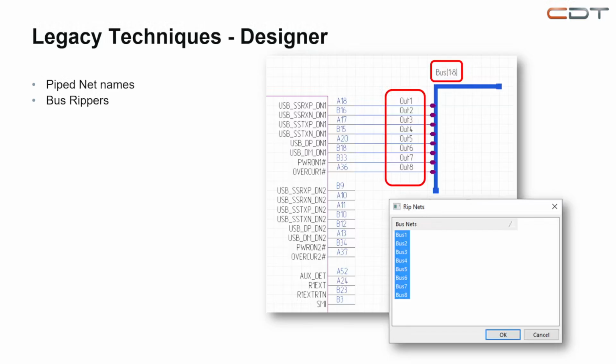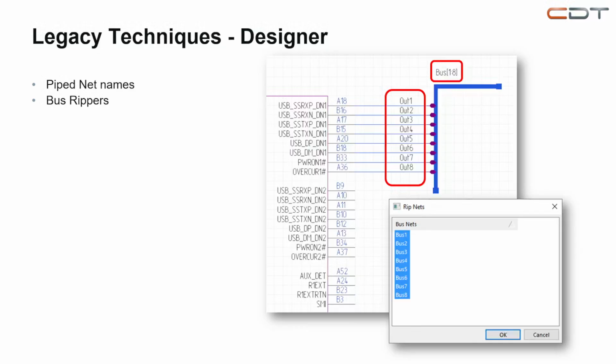Bus rippers. This is another feature that is kind of hidden, not really widely announced that you have this possibility. So I will explain how it's working now. On the screen you see that we have a bus 1 to 8. It means that nets contained in this bus will have names bus 1, bus 2, bus 3, etc., bus 8.